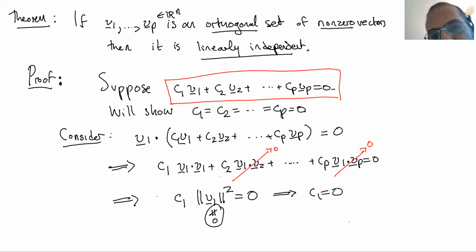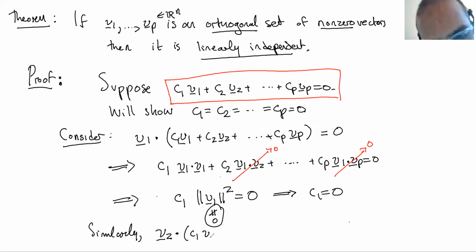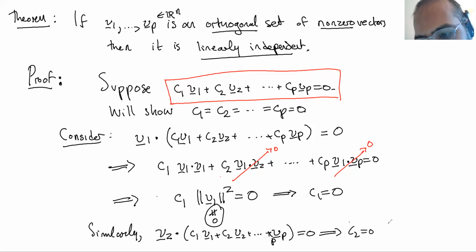Any thoughts about how to prove C2 is 0? Yep, just take the dot product with U2. Yeah, just do the same thing with U2. Similarly, if you take a dot product with U2, this will imply C2 is 0.